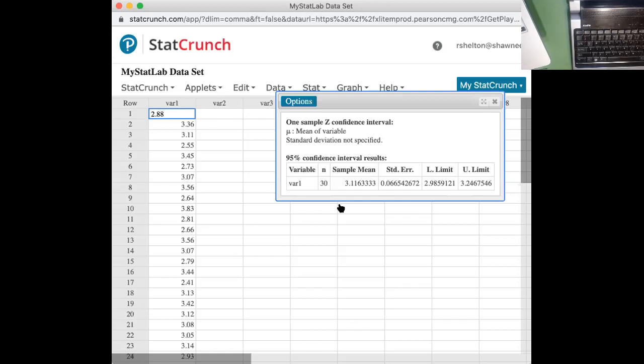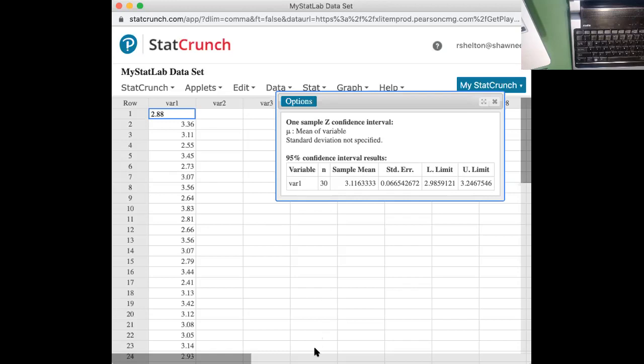So anyway, we just do this in our calculator. I got a calculator here, and I'm going to say X bar, 3.1163, minus, the null value, I believe it said was 2.89. Let me see, I should be able to pull that up there. Yeah, that's right.